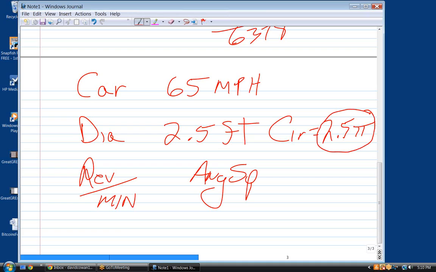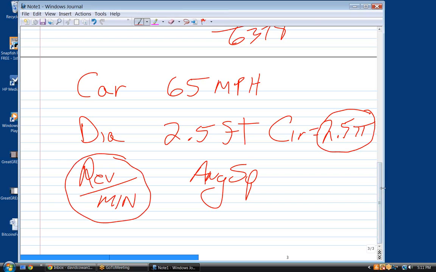So we need to convert 65 miles per hour by this to figure out how many times the wheels must be turning per hour in order for the car to be going 65 miles per hour. And they want it in revolutions per minute.